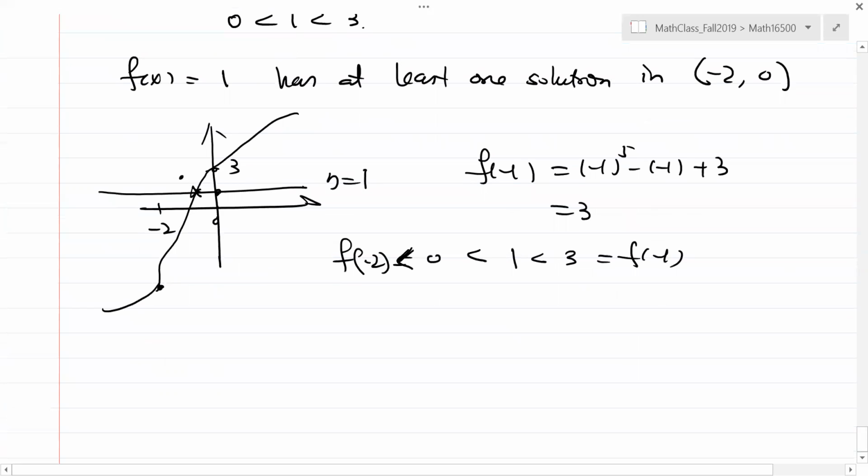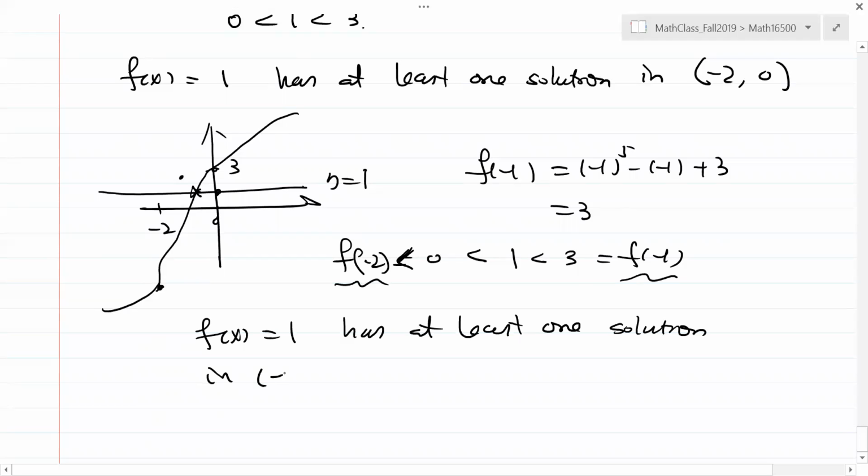So 1 is between those two values. Therefore, f of x equals 1 has at least one solution in the interval from -2 to -1.